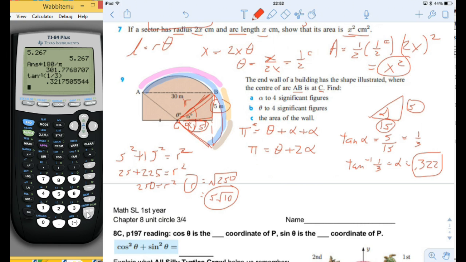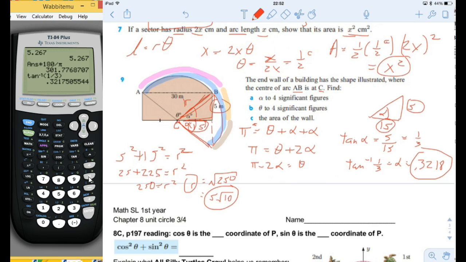And they wanted 4 significant figures, so it would be 0.3218. So alpha is 0.3218, and then theta is equal to pi minus 2 alpha.